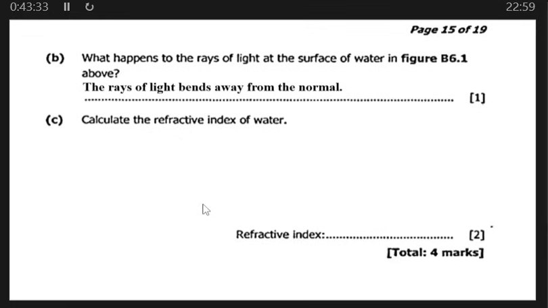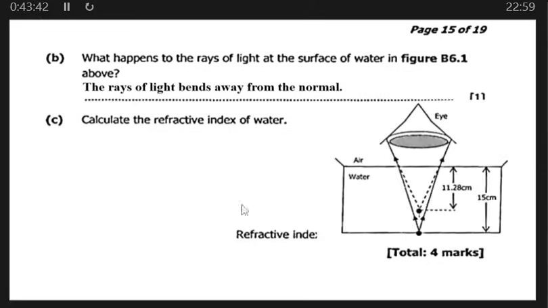C says calculate the refractive index of water. So the refractive index of water from this diagram is given by real depth divided by apparent depth.